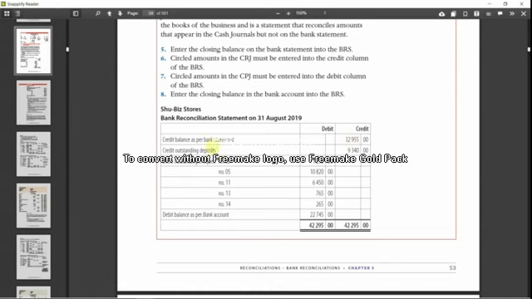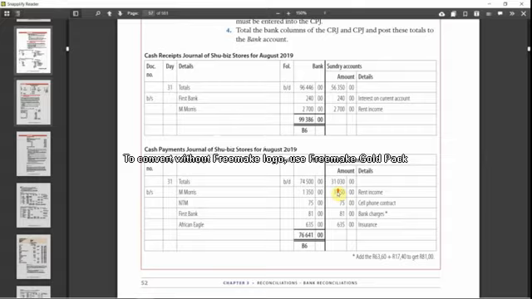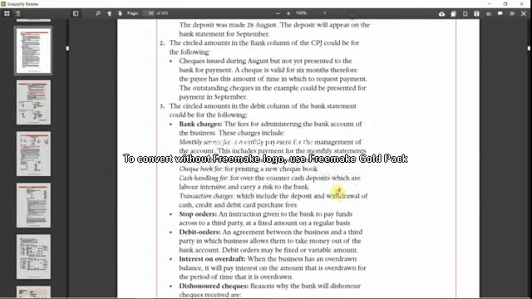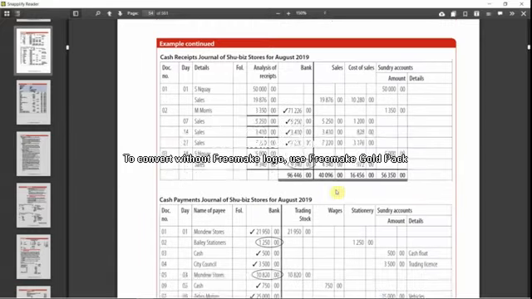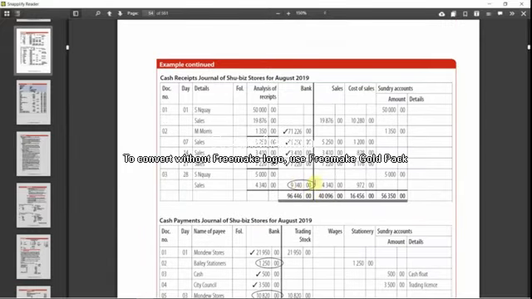So now all that we do is we make some supplementary entries, namely those things that we circled in our CRJ and CPJ. We will have to add them on to the bank reconciliation statement since they do not appear on the bank statement. So if we go back to our CRJ, we can see that we have a 9,340.